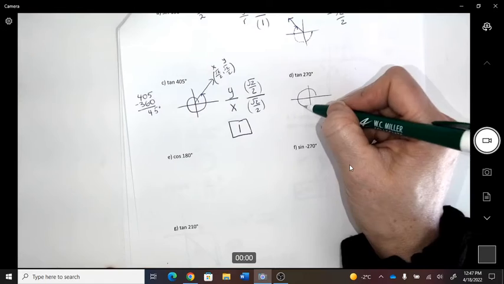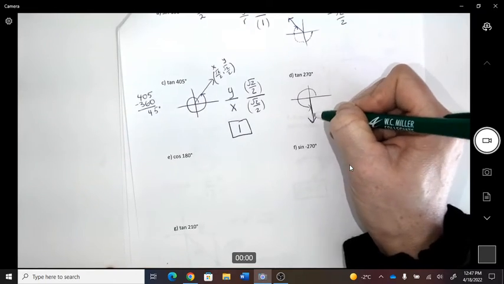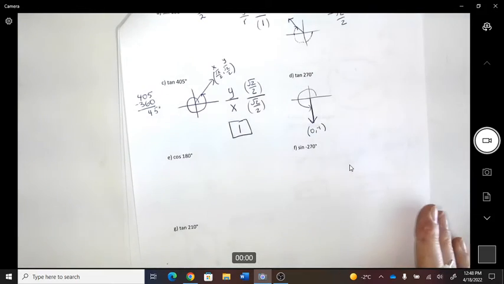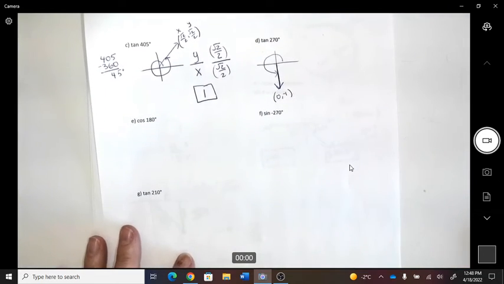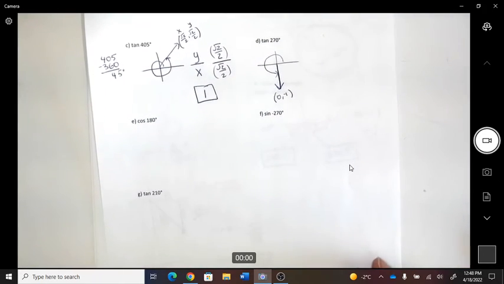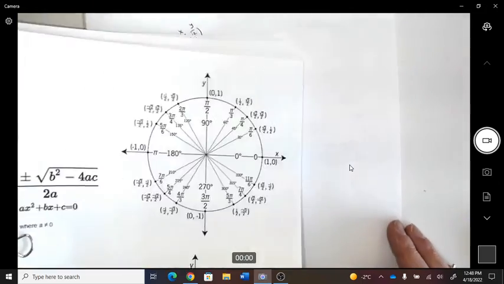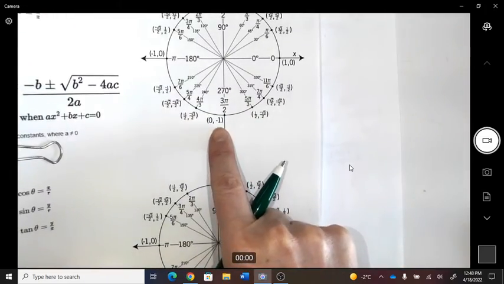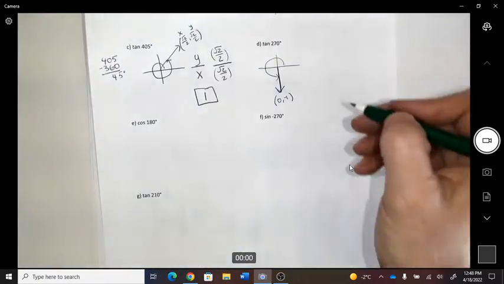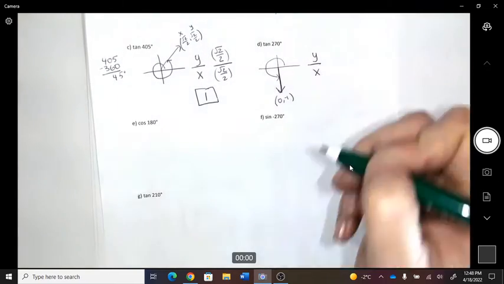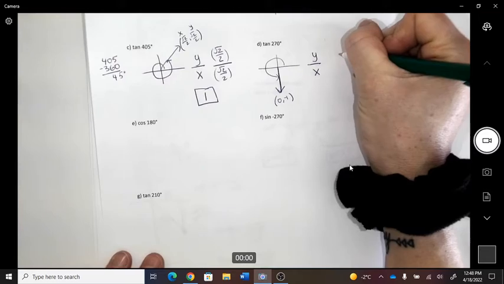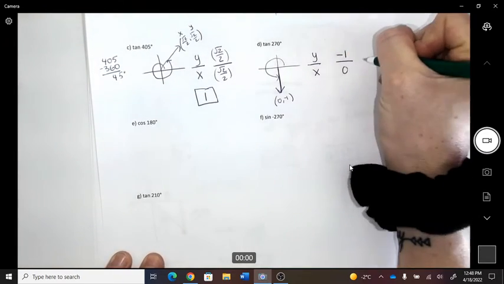Okay, 270. So here I am. And if I'm looking on my unit circle, this is what I'm looking at. I'm just drawing this because it was just really hard for me to have both of these things here. So here's what I'm looking at. So I have to take the y divided by the x. So negative 1 divided by 0.